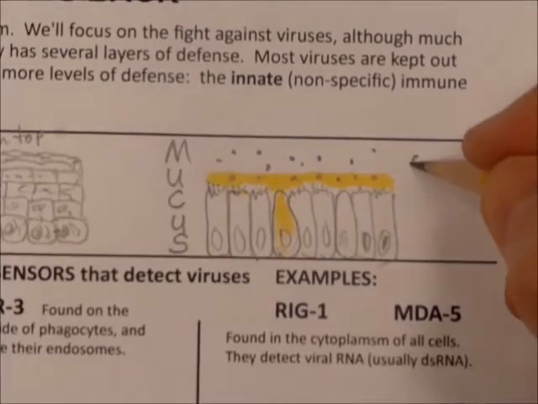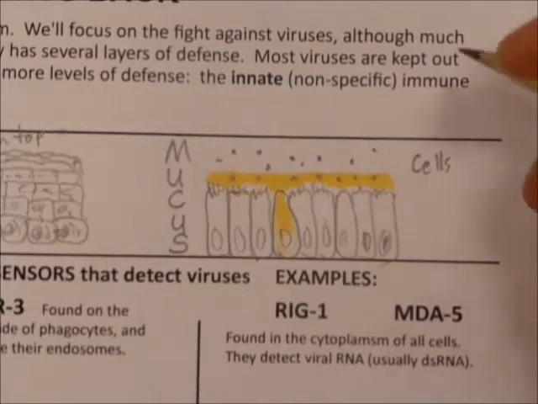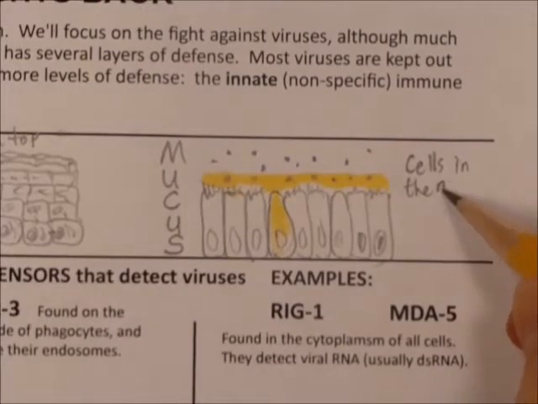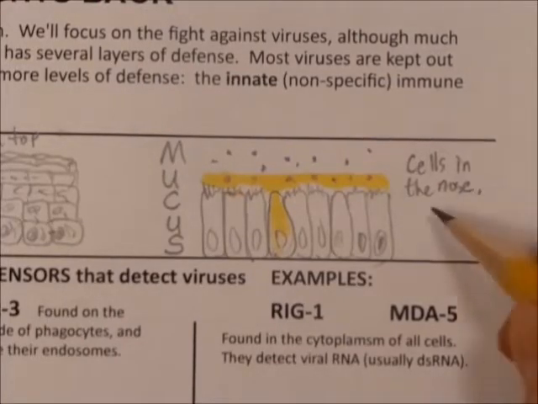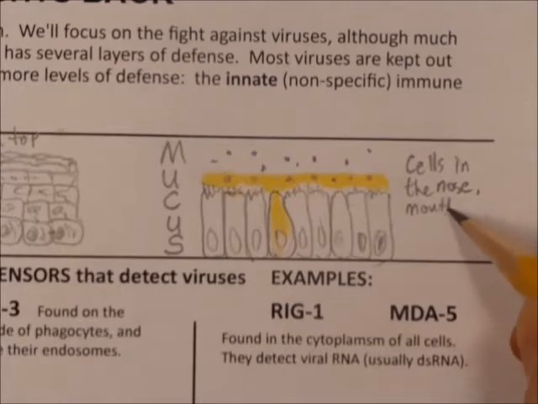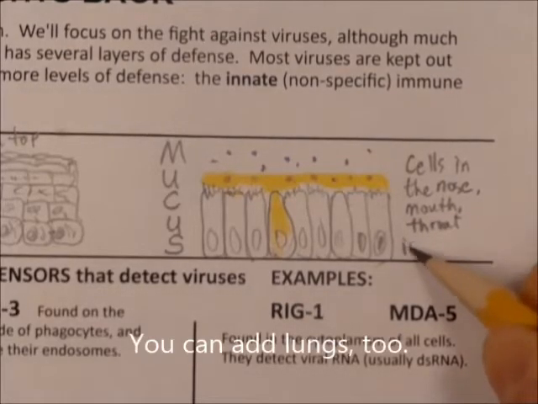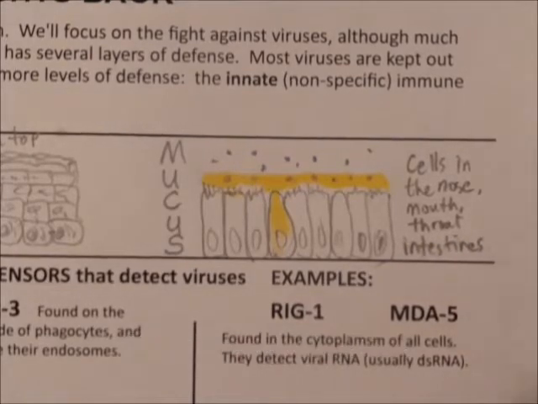So these would be cells in the nose, mouth, throat, intestines.